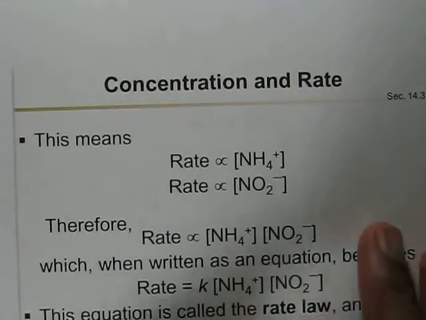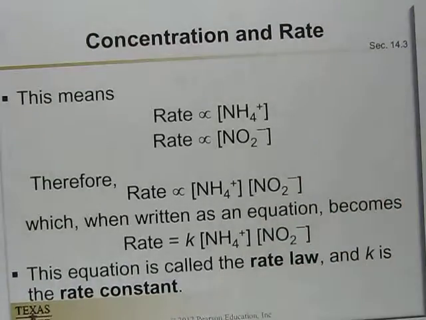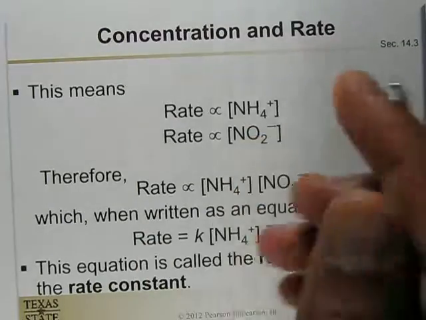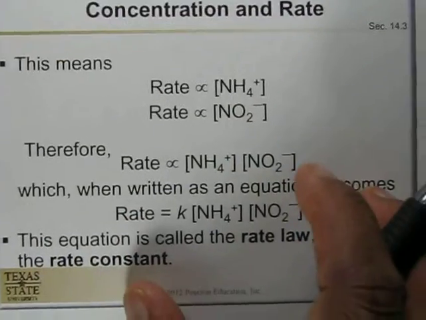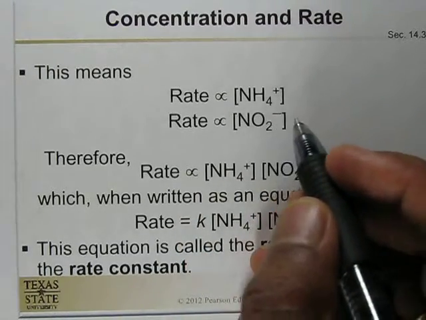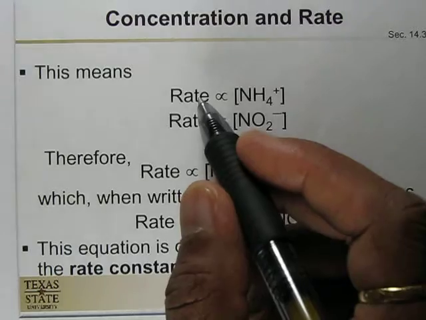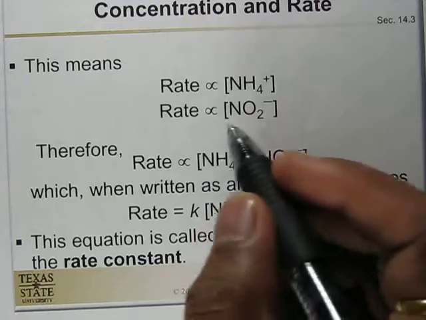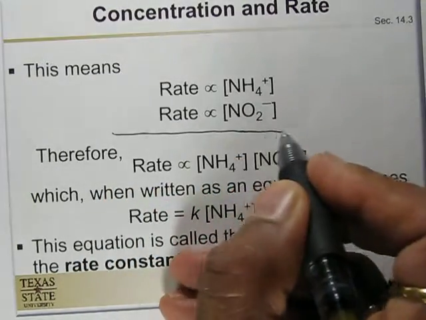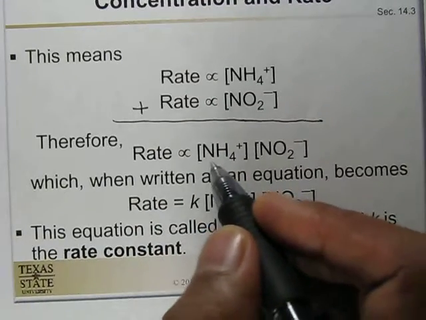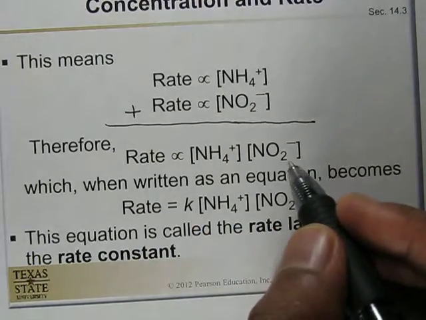So from these experiments, we can say that the rate of this reaction is directly proportional to the molarity of ammonium ion, and rate also has a direct relationship with the nitrate ion. Since rate depends on both concentrations, we can combine these two together and write that rate has a direct relationship with ammonium ion as well as nitrate ion.